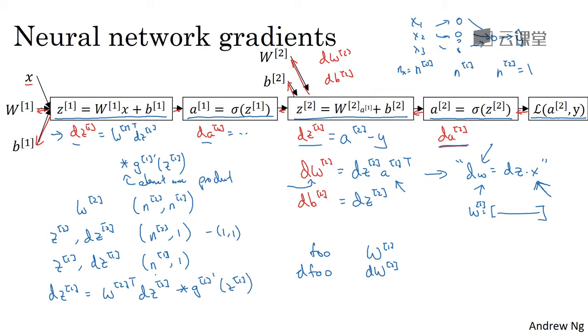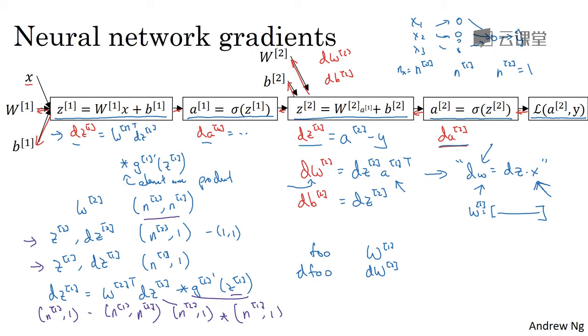Matching the dimensions from above, this n1 by 1 is equal to W2 transpose, the transpose of this, so this is going to be n1 by n2 dimensional. dz2 is going to be n2 by 1 dimensional, and then this is the same dimension as z1, so this is also n1 by 1 dimensional, so element-wise product.